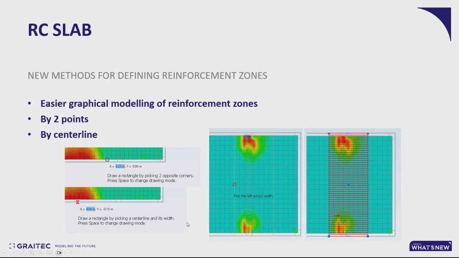You can just click on the start point and end point of that rectangular zone, and the zone will be created automatically. Another option is using the center line. You can define the center line and an offset, and that's another way of defining your rebar placement zones for the slabs in Advanced Design modules.